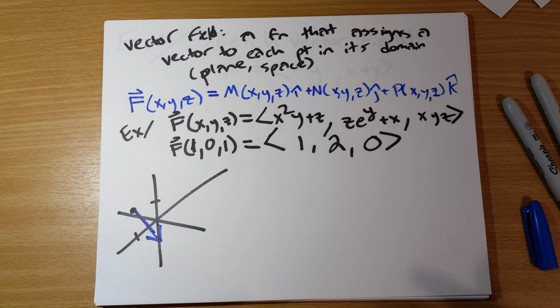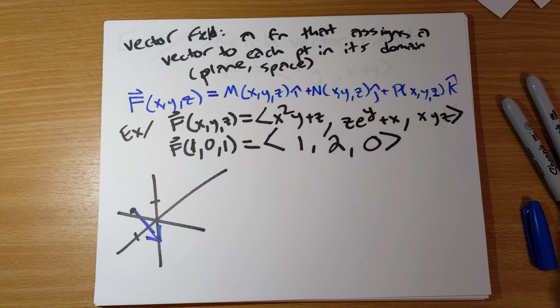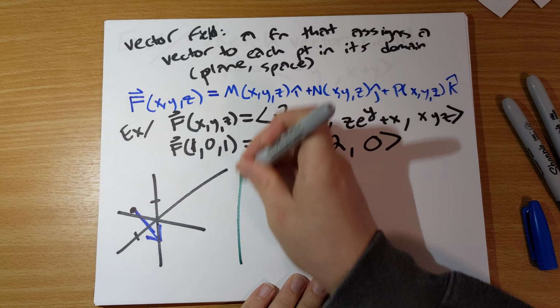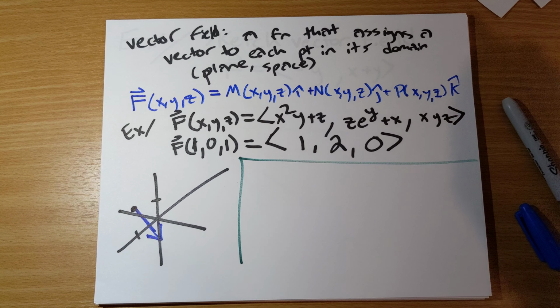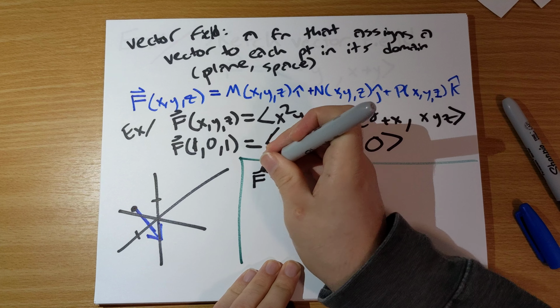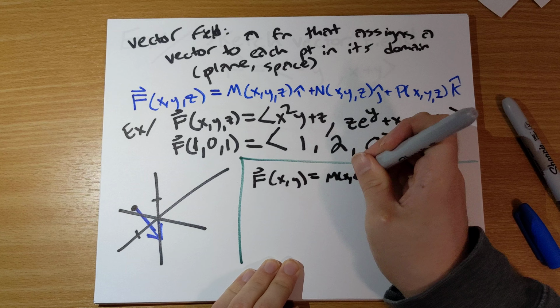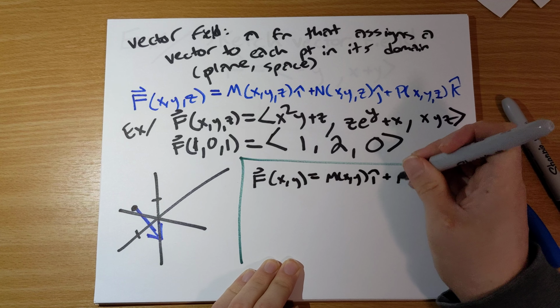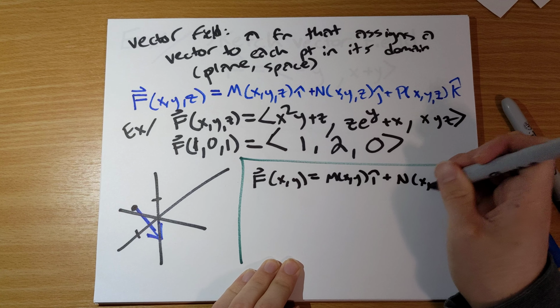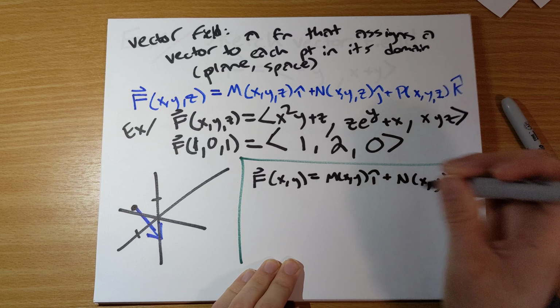This is a vector field. I should emphasize this is a vector field in 3-dimensional space. Of course, we could have F of x, y is M of x comma y times i hat plus N of x comma y times j hat.